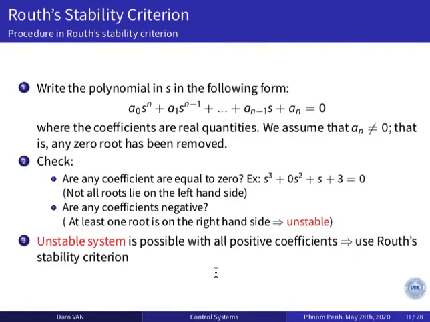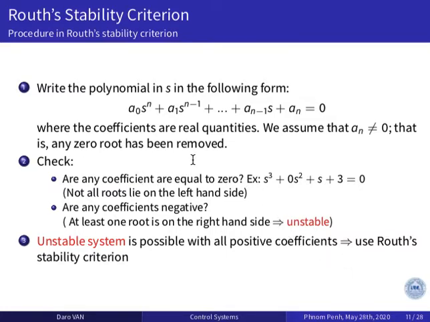And next, an unstable system is possible with all positive coefficients. So if all of these are positive, the system can still be unstable. In that case, you need to use the root stability criterion.